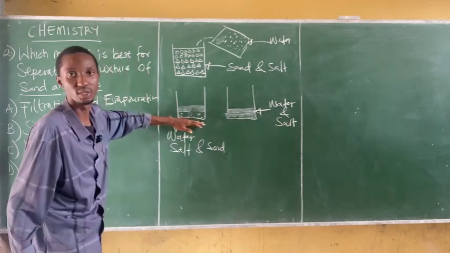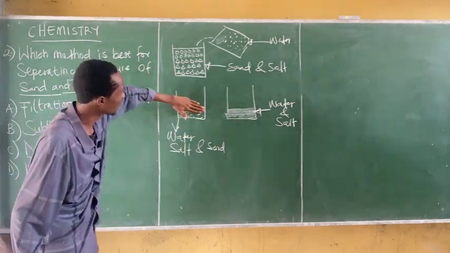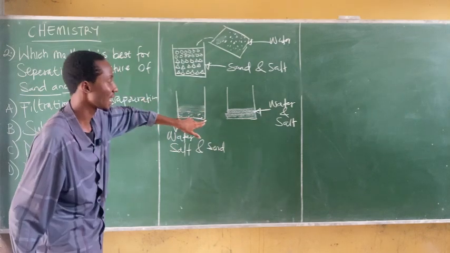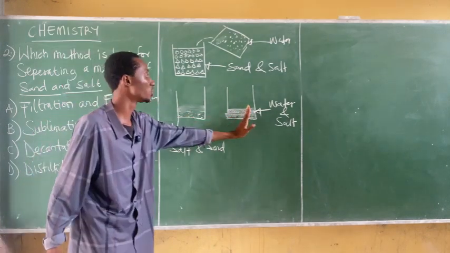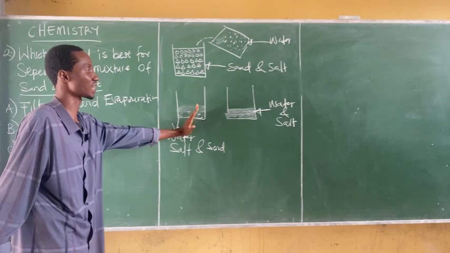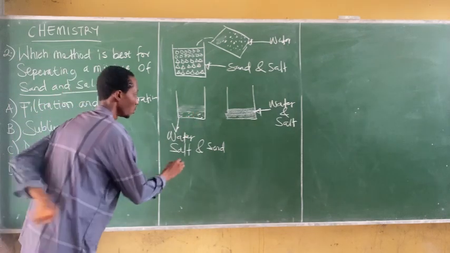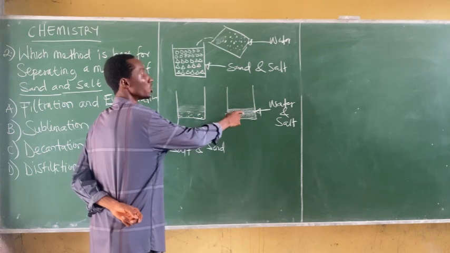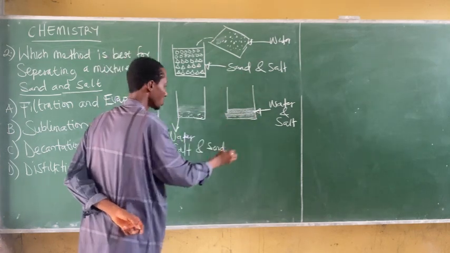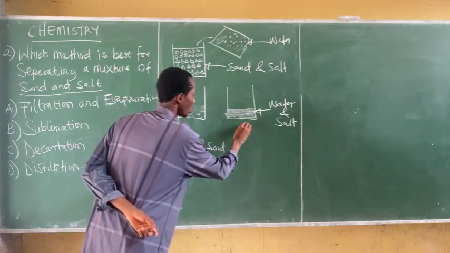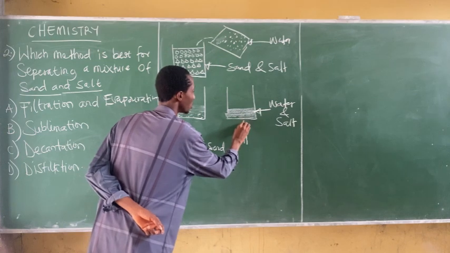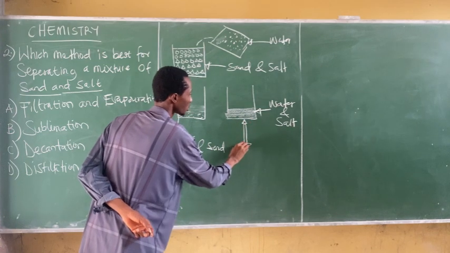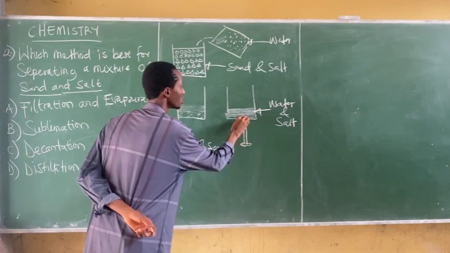The sand will be left here. So what will be left here is what? Just the sand. Now we have separated the salt and the water. We have the sand here. When we are done with that, we'll heat this up to evaporate the water. The water goes out. If you heat it up, let's assume this is heat.